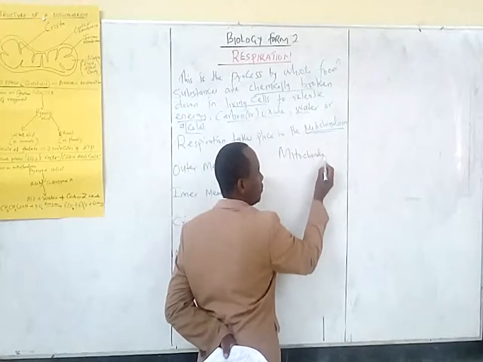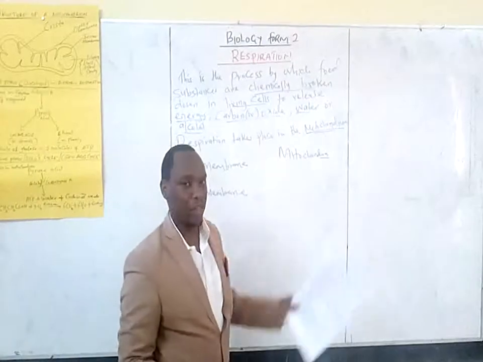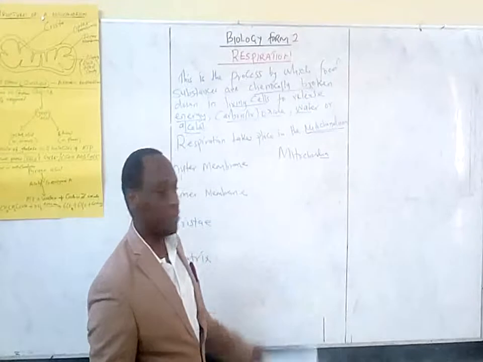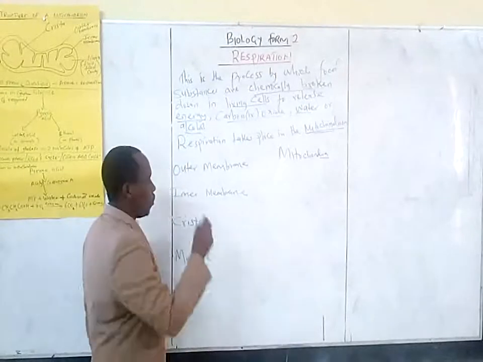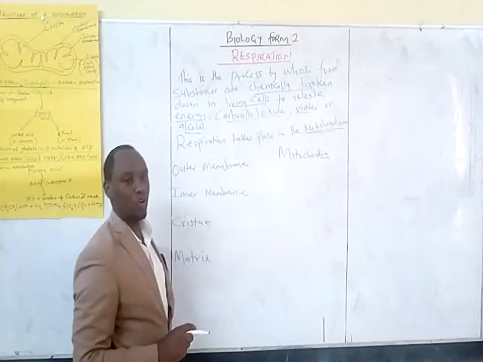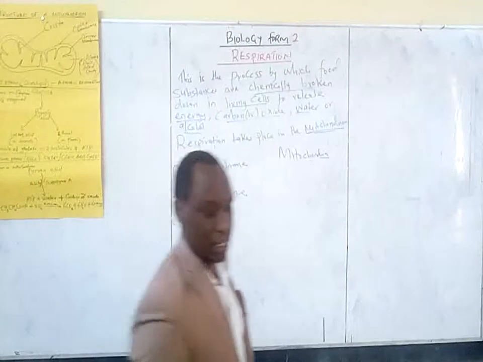Mitochondrium is one. When there are many, we call them mitochondria. This is the organelle where respiration takes place. So we need to study the structure of the mitochondrium, which is illustrated in my chart here.